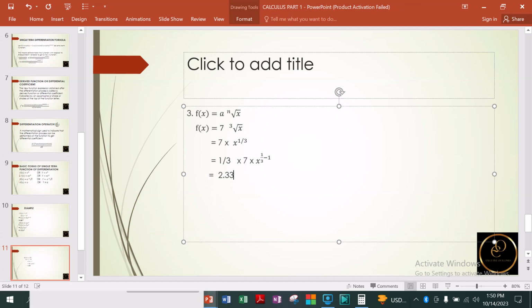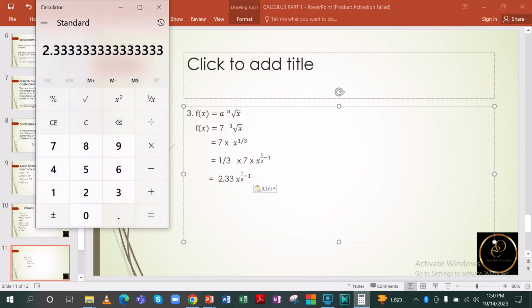And then x, which is raised to a power. So when you remove 1 from 1/3, what do we get? Let's look at this again.